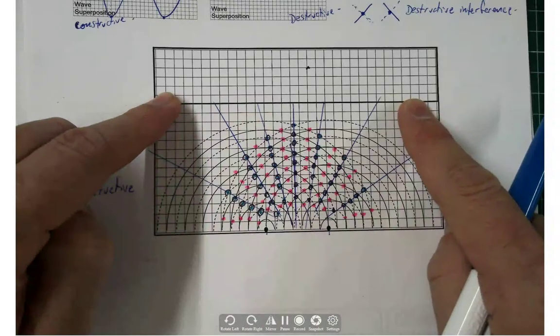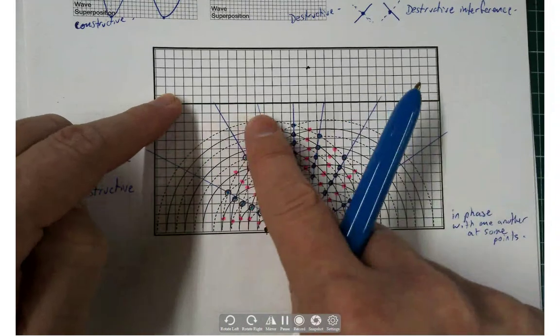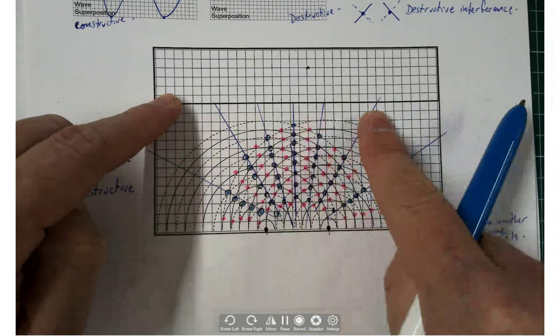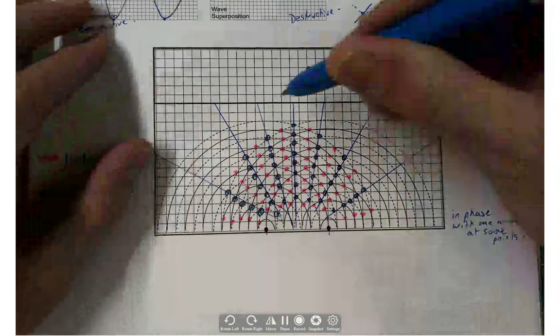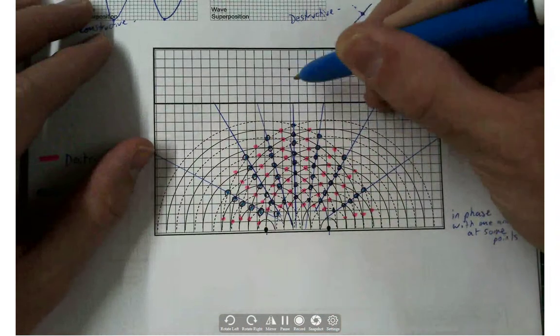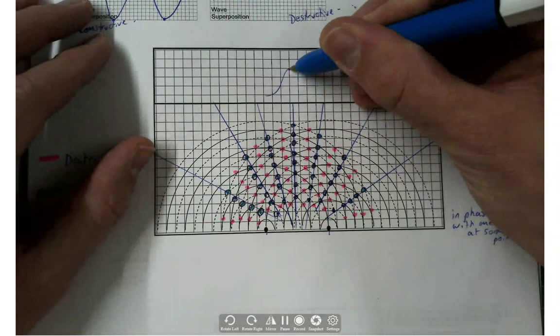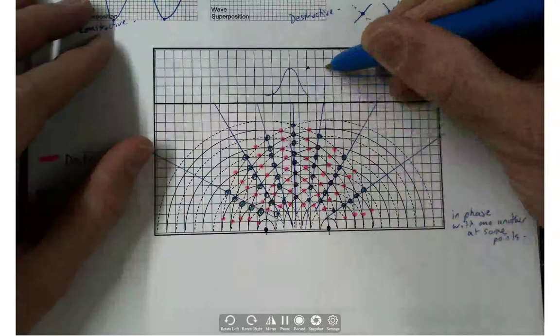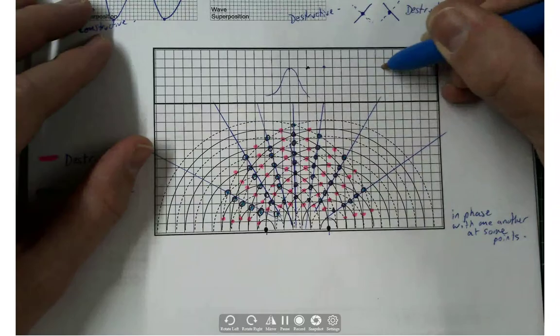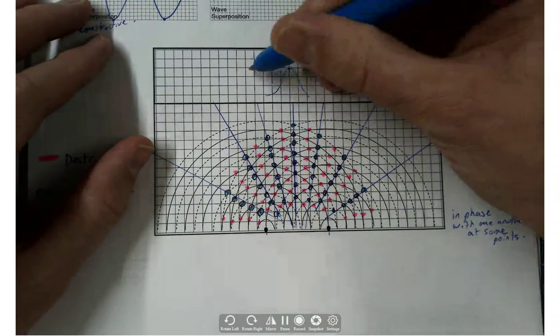Well, it seems like if constructive interference is happening wherever the waves smash into the wall along those lines, that means there would be a peak here. There'd be a peak here. There'd be a peak here. A peak here.